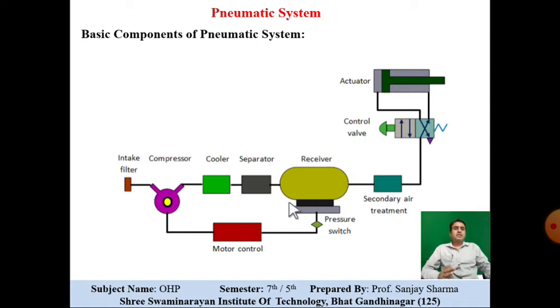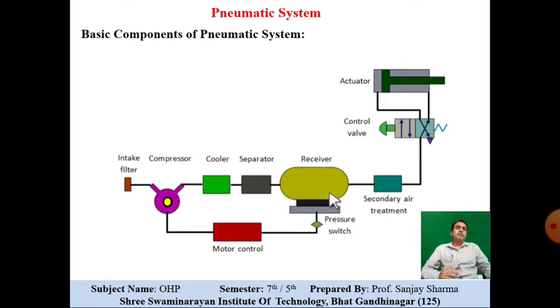Now this air is utilized, and after some time, as the pressure drops below a particular range which is set as per the design of this receiver tank, this pressure switch will again come into action and send a signal to the motor and it will operate the compressor.